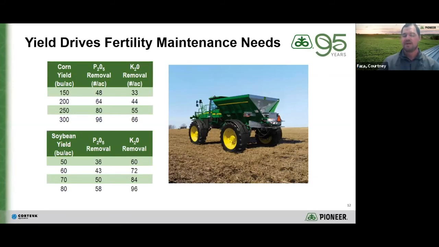Over the course of the last 5 years, our yield levels have been above that 150 mark, a lot of times hitting 200 bushel. We've seen some really good bean yields as well, but this is just a good slide to remember. With these yields, we're also removing a lot from the soil, and we need to replenish that so that year in and year out, we can still attain some of those yield levels.